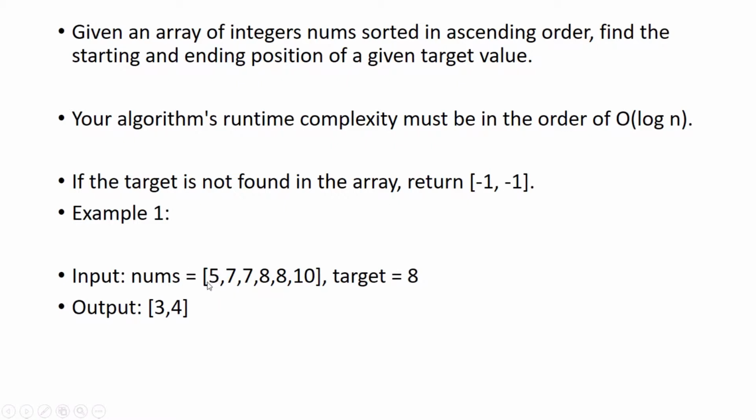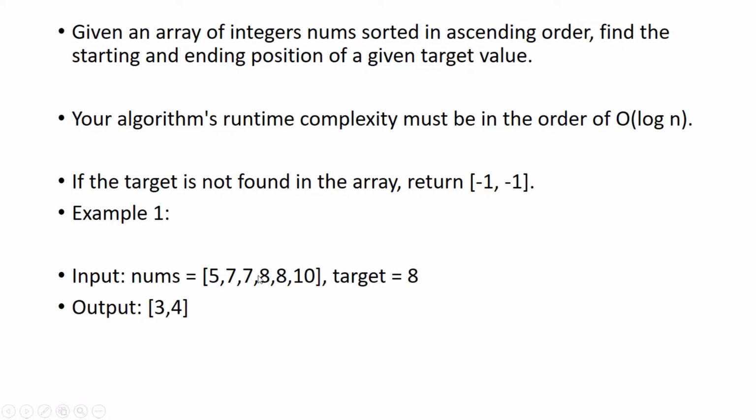So our i is going to start here at the first index, and our j is going to start at the last index. So the first thing we do is that we increment our i until we find the first occurrence of our target.